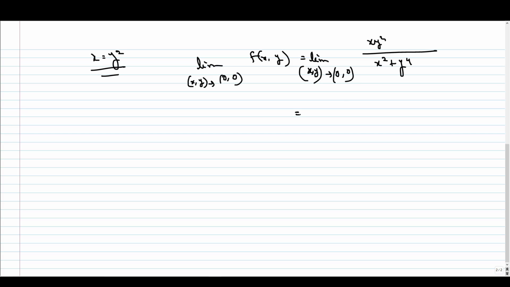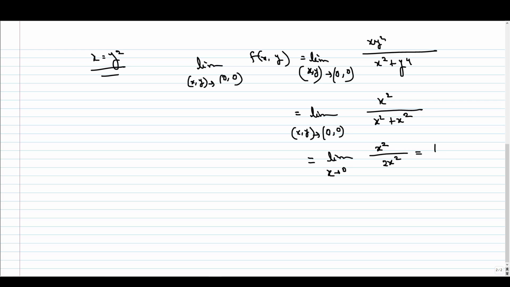Now I am approaching through the curve x equal to y square. In the numerator I get x square, and in the denominator I get x square plus x square. So this is the limit as x tends to 0 of x square by 2x square, so I am getting half.